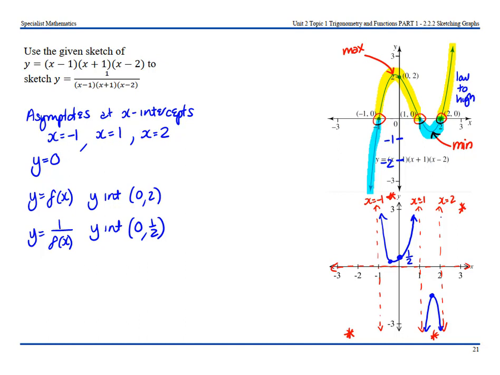So we need to go from high to low. And then for our x is less than -1, it's going from low to high. So we need to go from high to low. So this is y equals 1 over x minus 1, x plus 1, x minus 2. So you can see we have a min now there, and our max is now there. So it's the reverse.